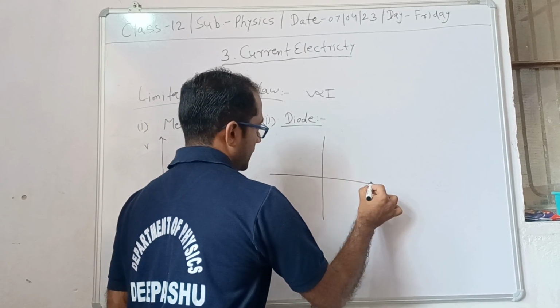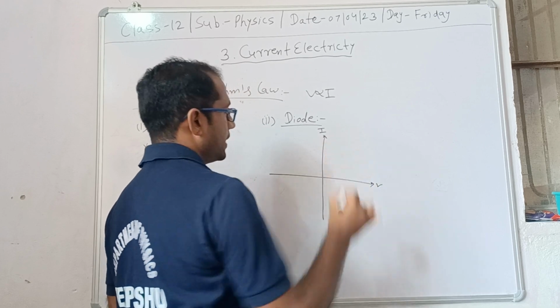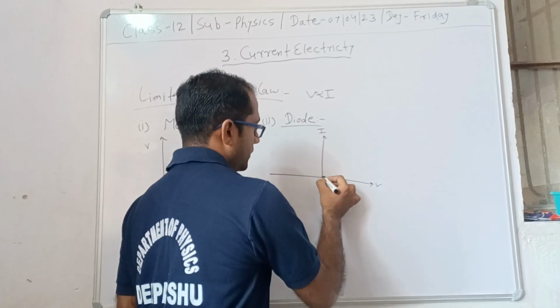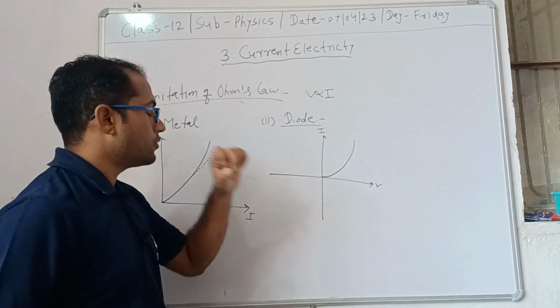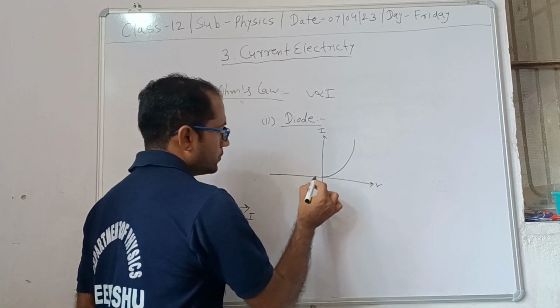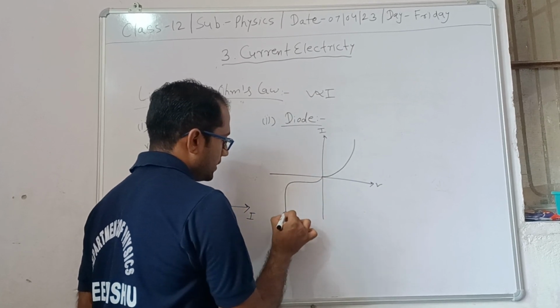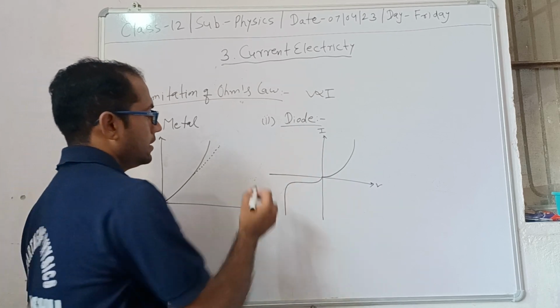Like this, this is I and this is V. If the current is positive, the graph of V and I looks like this, but if the current is negative, the behavior changes.